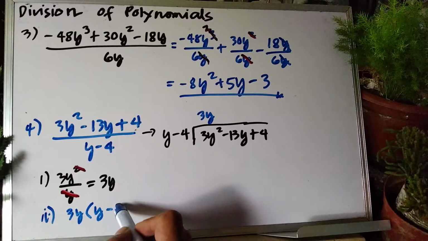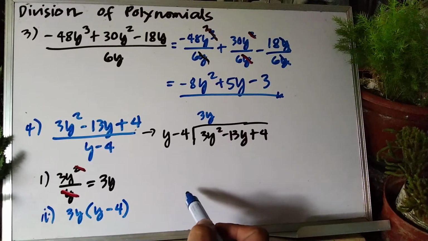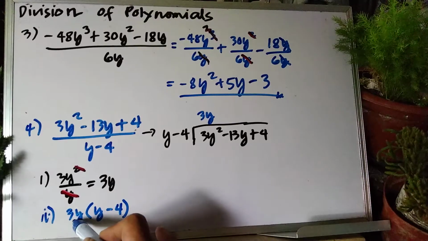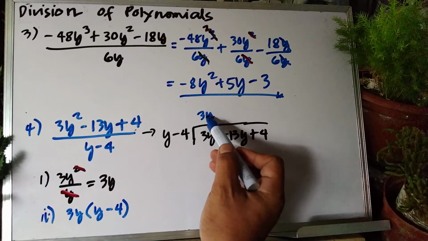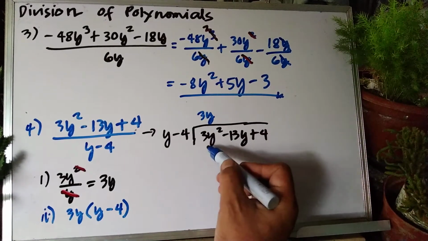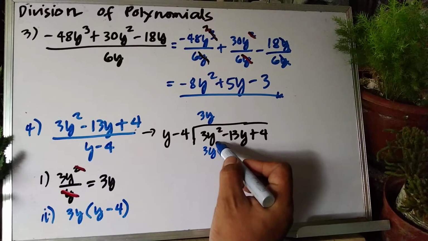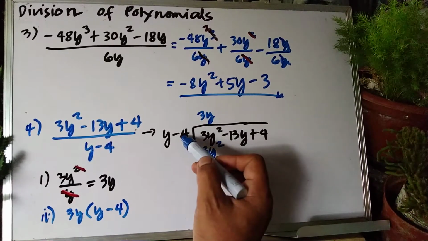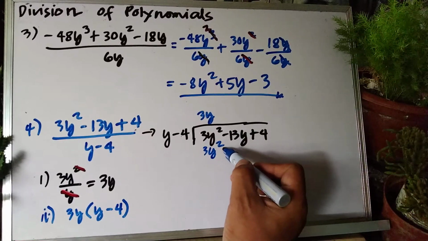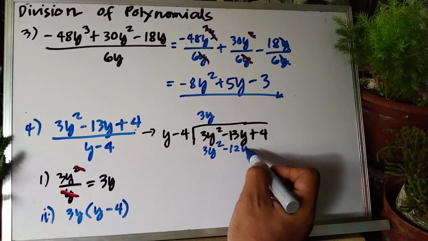Nga y minus 4. Okay? So, meaning, i-multiply si 3y kang y, i-multiply mo si 3y kang negative 4. Okay? So now here, 3y times y, you have 3y squared. Okay. 3y times negative 4, you have negative 12y.